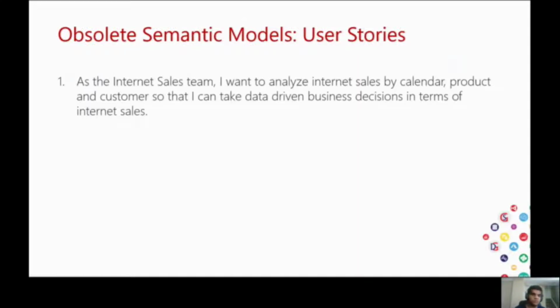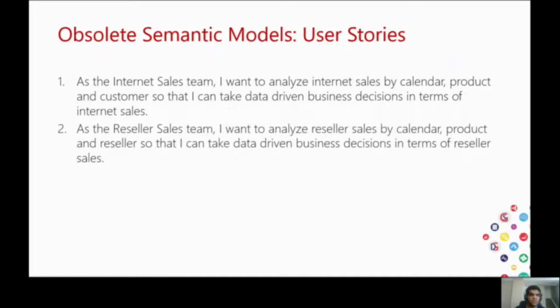The first user story is from the internet sales team, and the second user story is from the reseller sales team. Let's read each user story and understand their requirements. As the internet sales team, I want to analyze internet sales by calendar, product, and customer so that I can take data-driven business decisions in terms of internet sales.